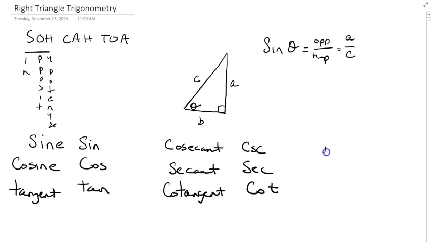If I chose the same labeling, but instead of putting that theta down there, I put it up here, then sine of theta would be B over C. So again, you have to be careful because it comes from wherever the angle happens to be.